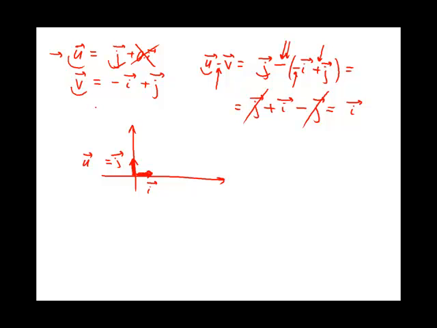Vector v is minus i plus j. Minus i goes to the left in opposite direction to i with the same length, 1. Vector j is still there. Minus i plus j is this vector, which I show in dashed line, because it's minus i plus j.